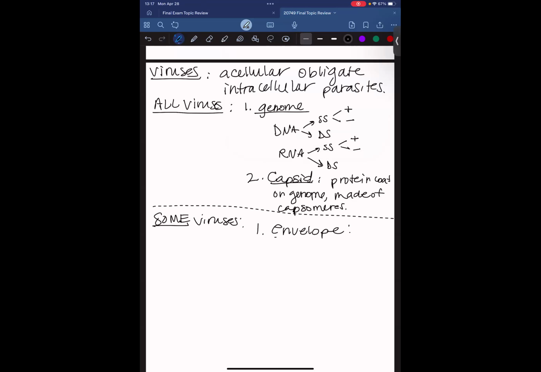Envelope is the membrane covering stolen from the host cell. A naked virus means they don't have an envelope.